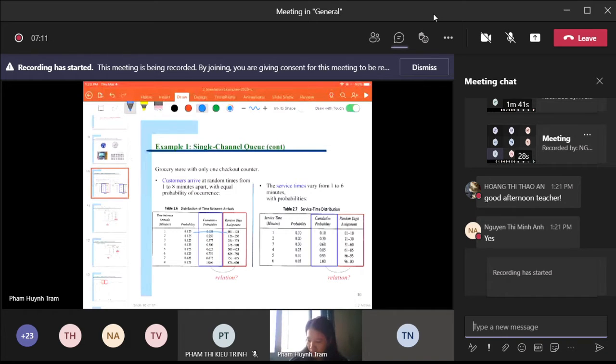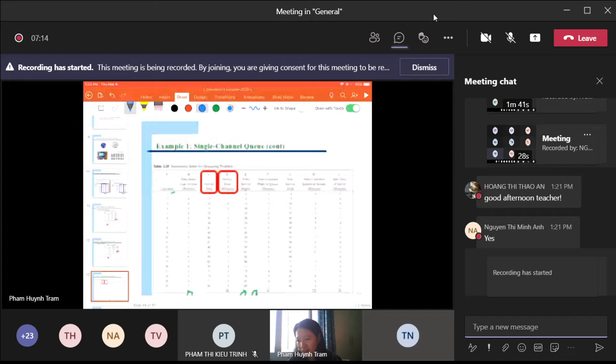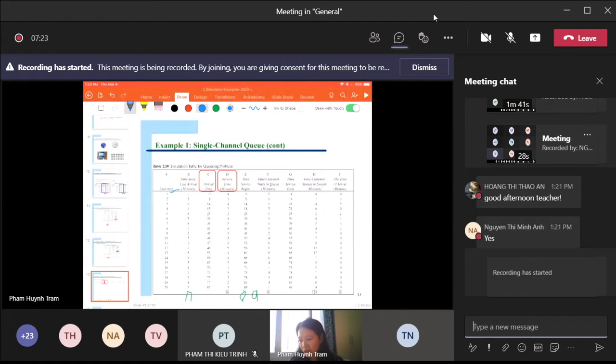And then we use a simulation table, where we simulate different arrival time and service time for every customer, and then compute the waiting time for each customer in the system, and the idle time of the server. So we collect the statistics of 20 customers and then conclude about the average waiting time of these 20 customers. We assume that these 20 customers are a sufficient sampling for our study.